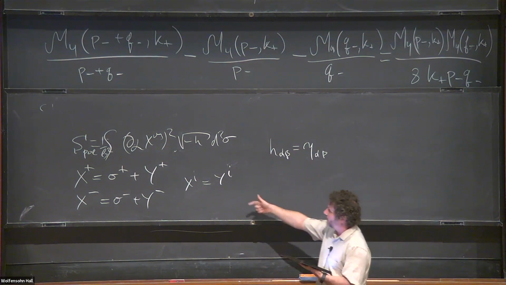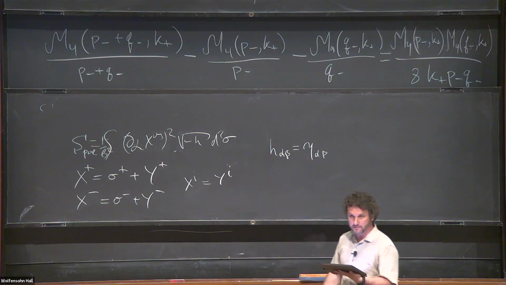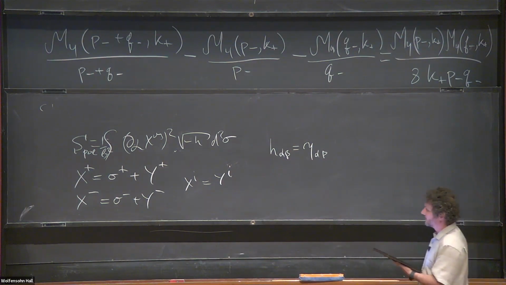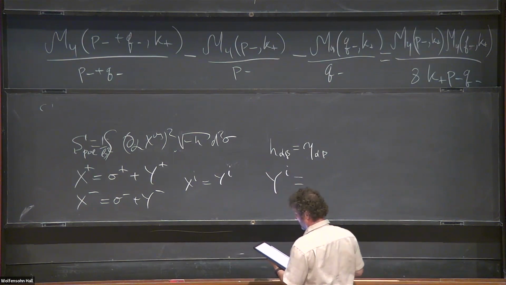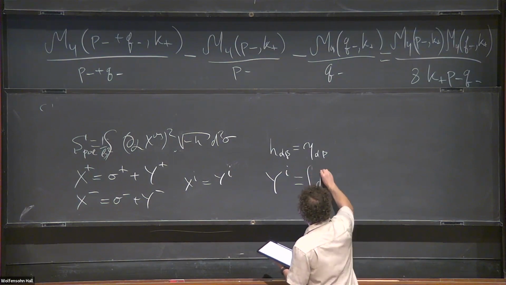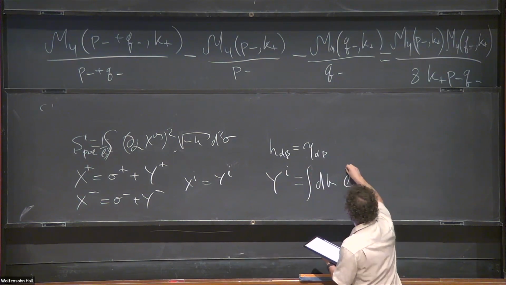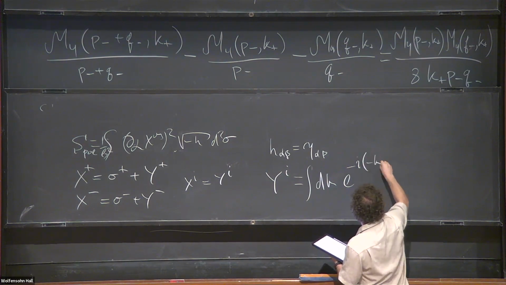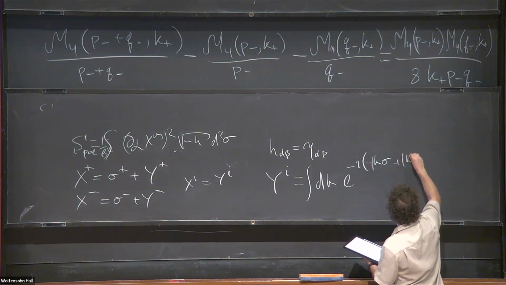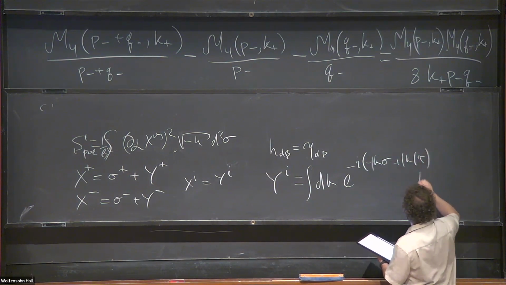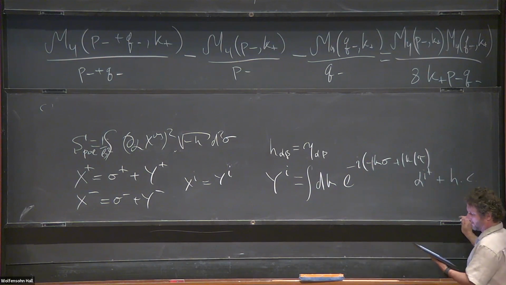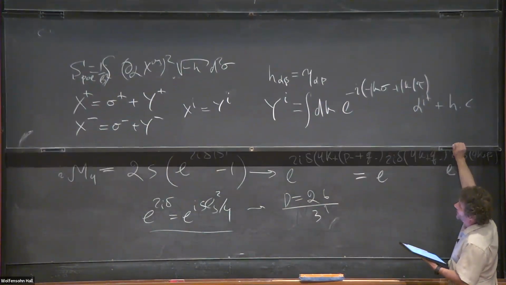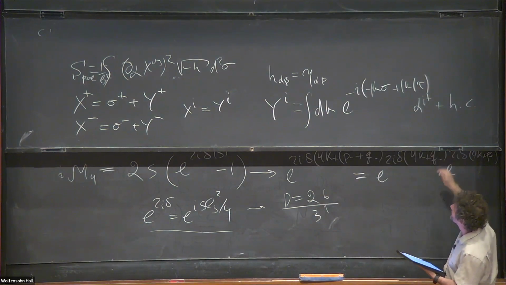And now the y mu's satisfy free equations, right? So in these coordinates, the y's are free. So in particular, we can write y i as a sum of e to the i k sigma plus k tau alpha dagger plus complex conjugate, expanded over modes.